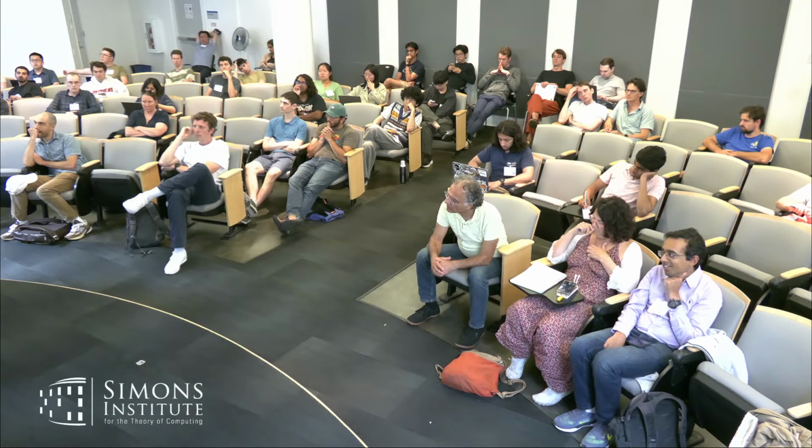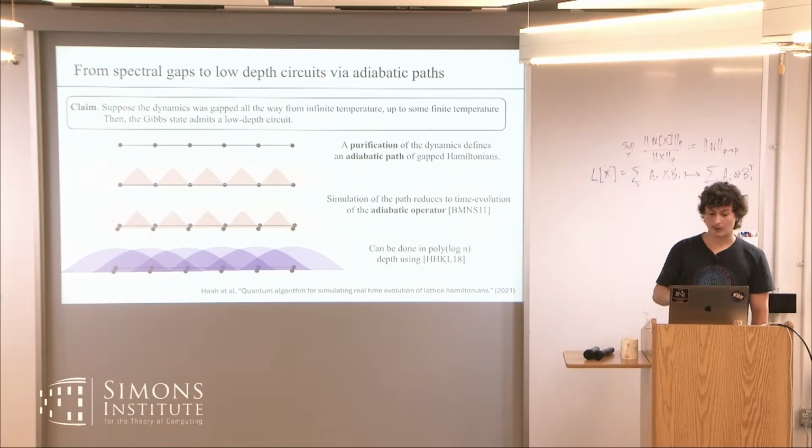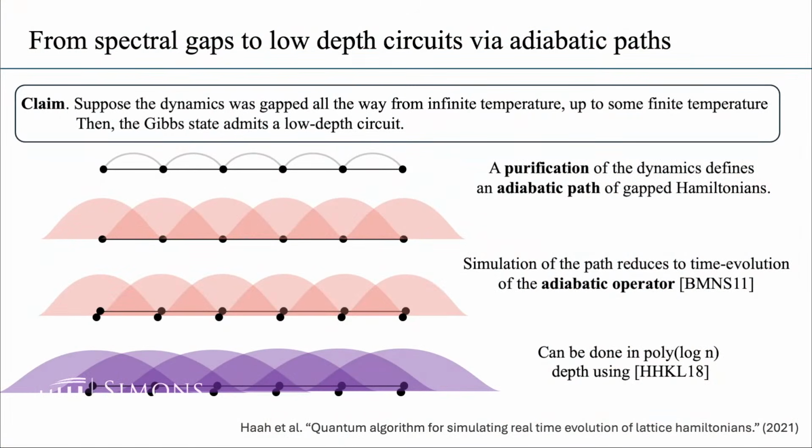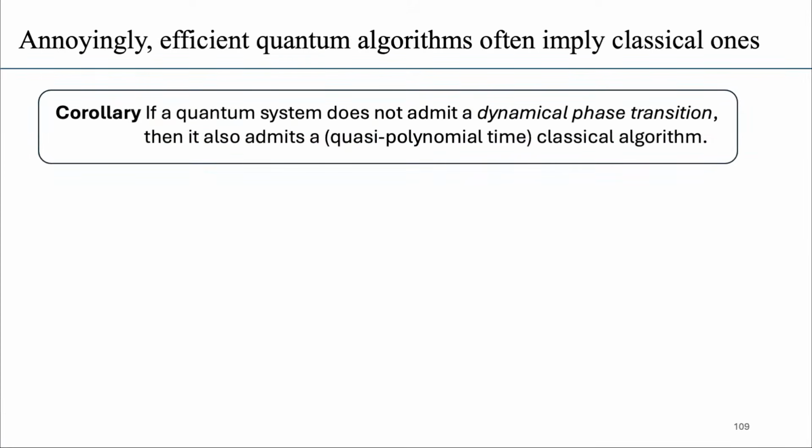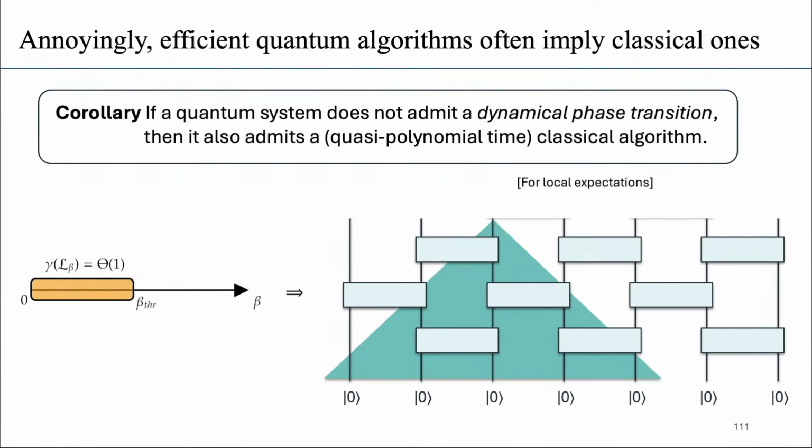Okay. So the reason that this is so powerful is that not only does it give us low depth circuits for these Gibbs states, but it unfortunately also gives us classical simulation algorithms. As a corollary of this low depth circuit statement, if the quantum system does not admit a dynamical phase transition in this sense, then it also admits a quasi-polynomial time classical simulation algorithm for computing partition functions using light cone arguments.